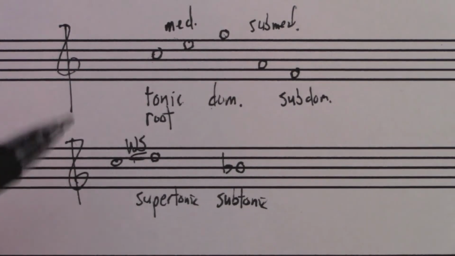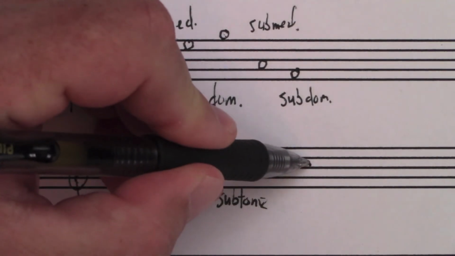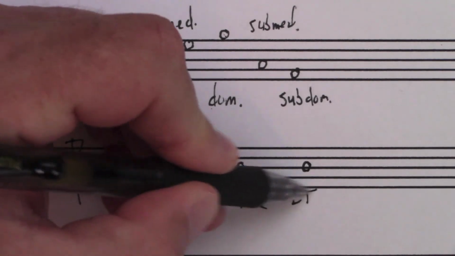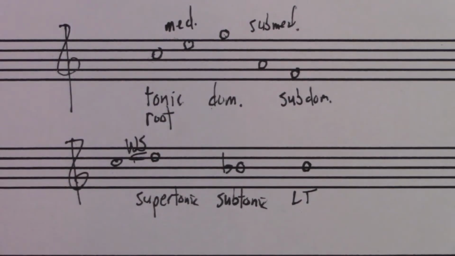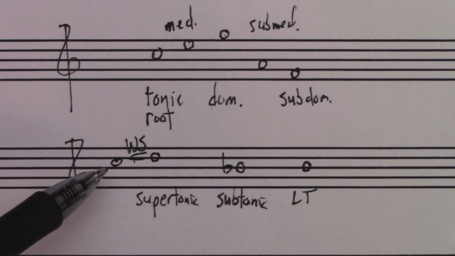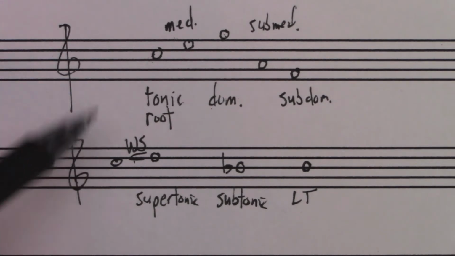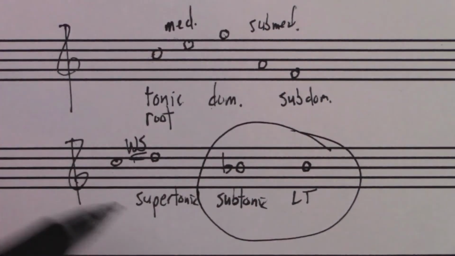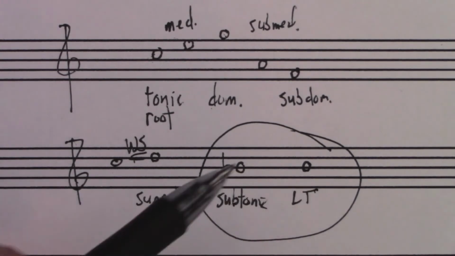And there's one more, and it is this one, which is very important. The leading tone. Down how much from C? From C down to B is a half step. Know this difference.